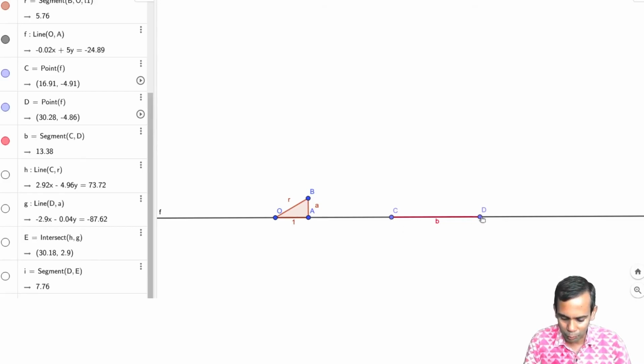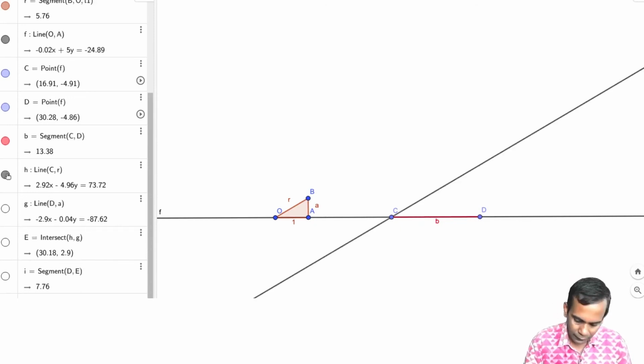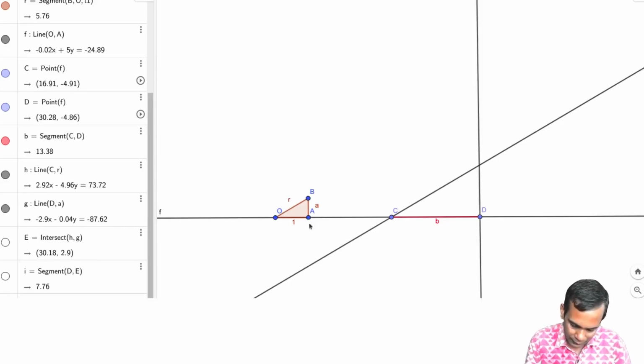And so I've marked them off here. The distance between the points C and D is little b. And then you draw a line through C that's perpendicular to this line through O and A. So we are drawing something that's parallel to AB and passing through C. And then you also draw a line that's parallel to the perpendicular but passes through D. So if I call this new point E the intersection of these two lines, then we have a triangle CDE that is similar to the triangle OAB.